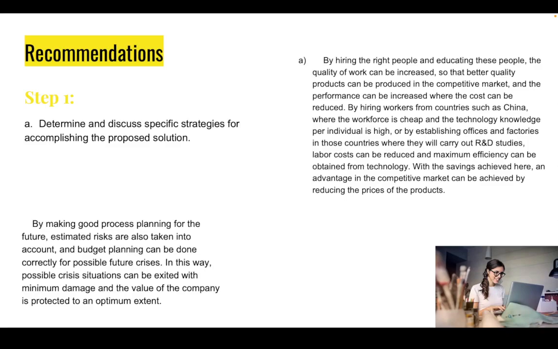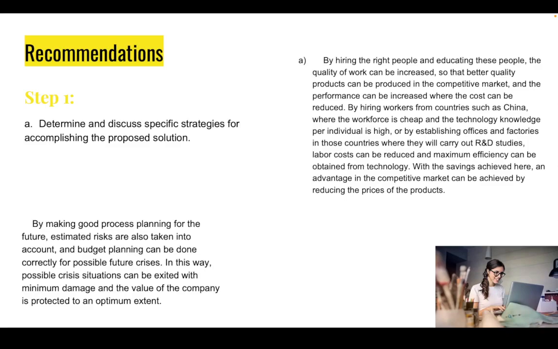By hiring workers from countries such as China, where the workforce is cheap and the technology knowledge per individual is high, or by establishing offices and factories in those countries where they will carry out the researching studies, labor cost can be reduced and maximum efficiency can be obtained from technology.